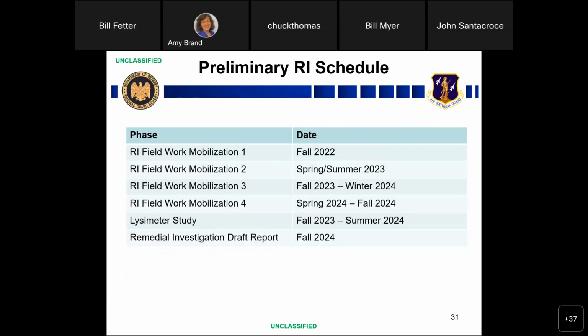Once we get all that data, we'll analyze it and plan our next mobilization, which would be the spring or summer of 2023 next year. And once we get that data back, we'll do the same thing and see if we have to go out for additional mobilizations. So we're still targeting to have that remedial investigation draft report out in the fall of 2024. Next slide.